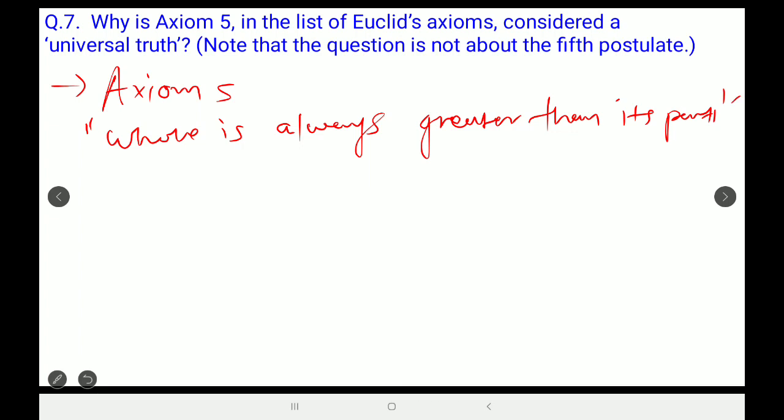This is a universal truth because a part is included in the whole and therefore can never be greater than the whole in magnitude.